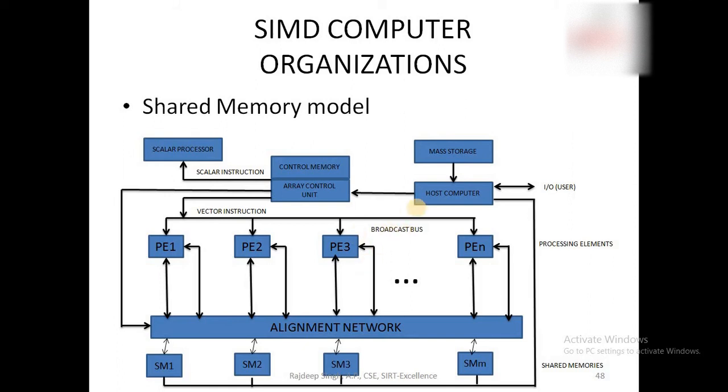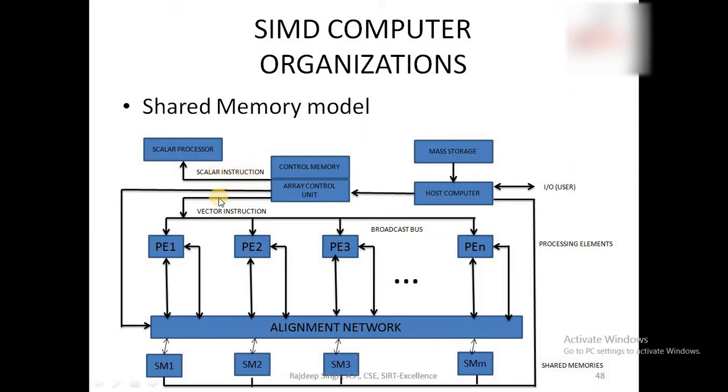Okay, now as you can see in this diagram, again from mass storage the program instructions will be loaded to the host computer. Here the array control unit and control memory are drawn in the same box. The array control unit will decode the instruction. If it is of scalar type, it will go to the scalar processor and be executed.